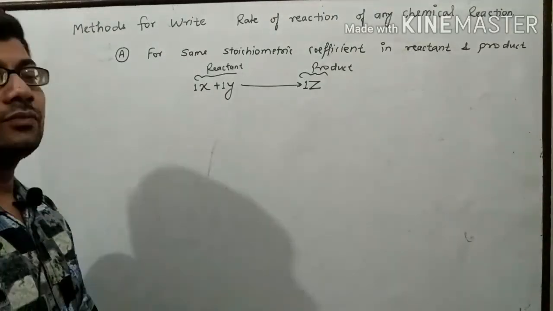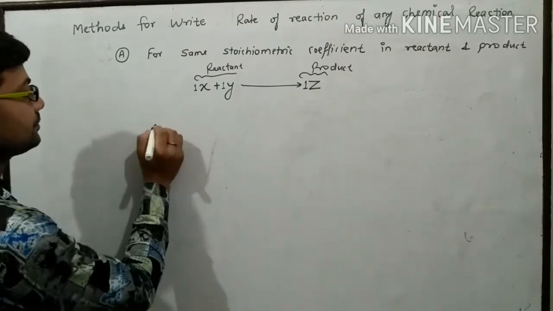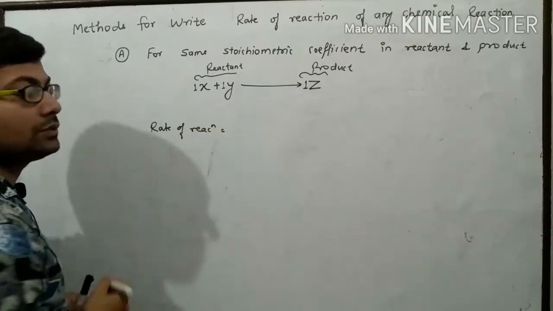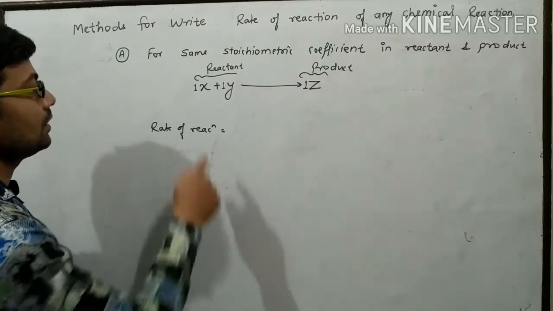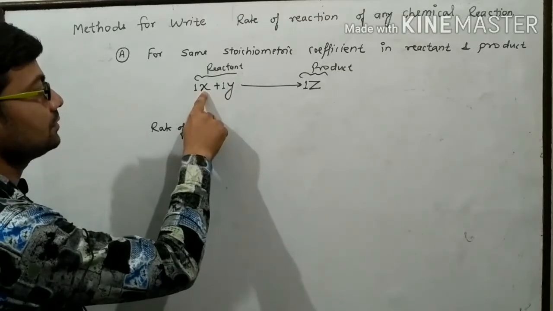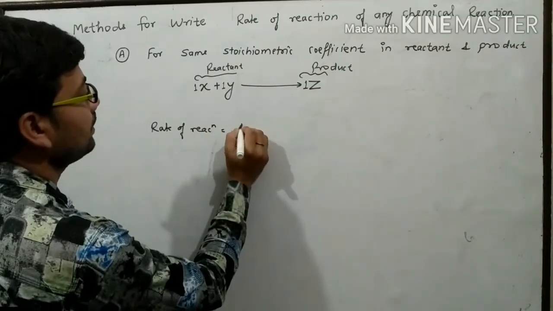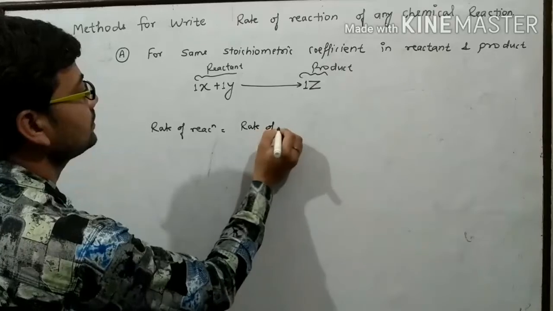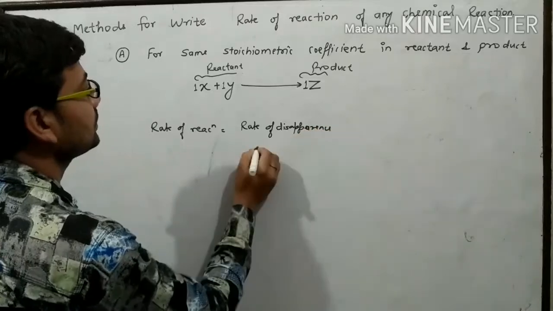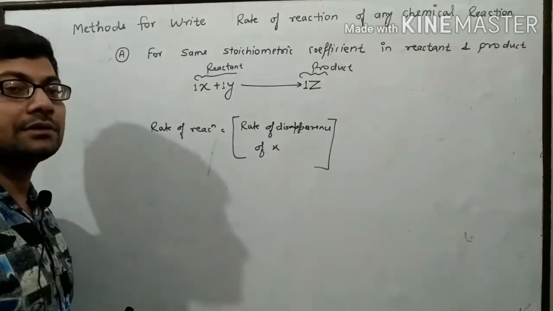The rate of reaction for this reaction is: rate of reaction equal to rate of disappearance of X. This square bracket indicates the concentration.